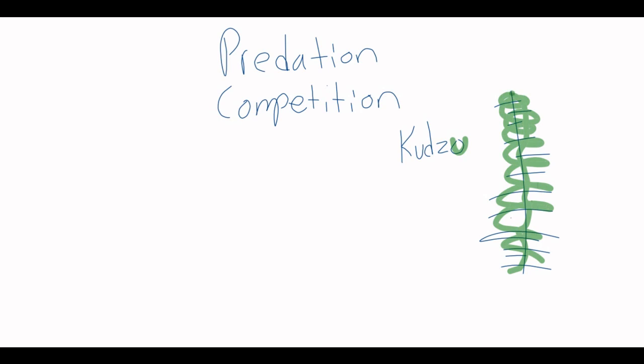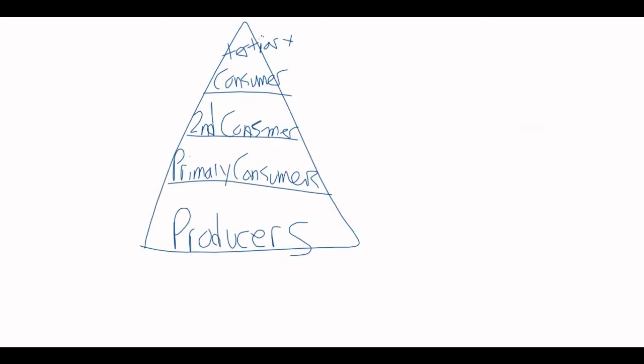The tree can't get enough sunlight to stay alive, and it dies. So remember those. Alright, so here we have a trophic pyramid, or an energy pyramid.